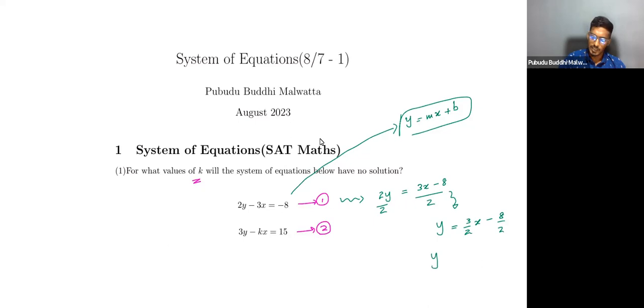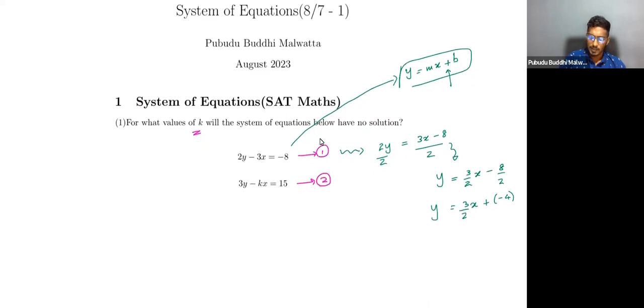So since we need a plus sign between mx and b, I can express that minus 4 as plus minus 4, because I need that plus sign. That's why I simplified like this.